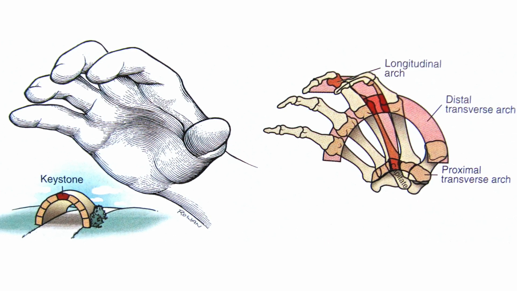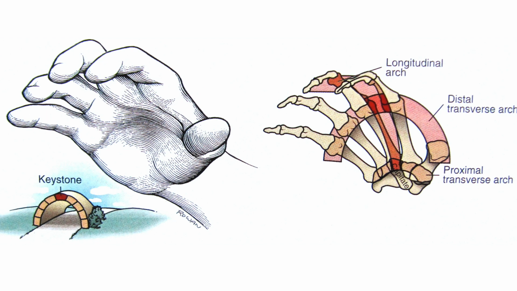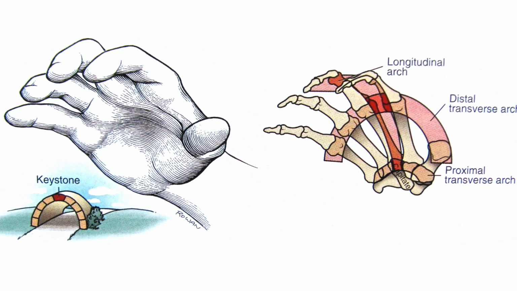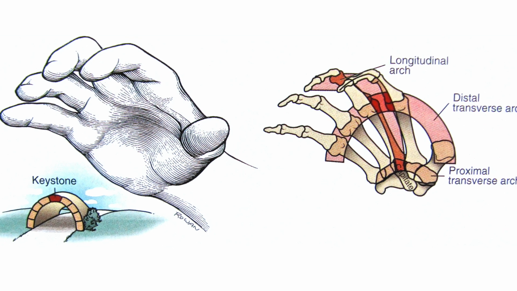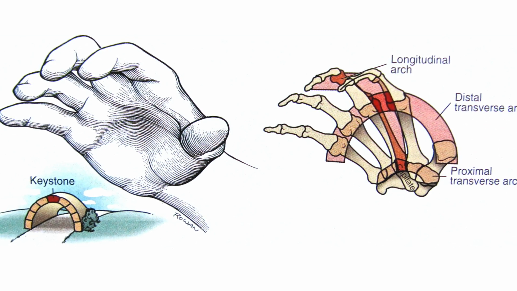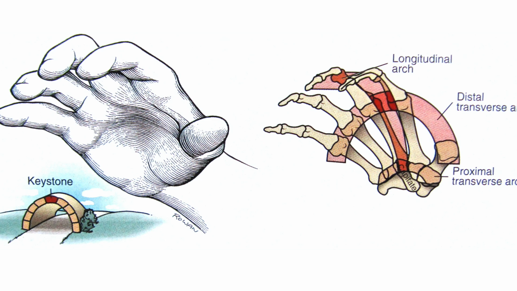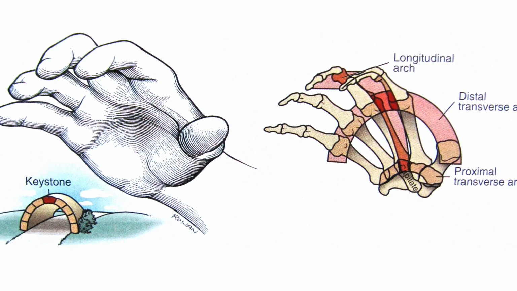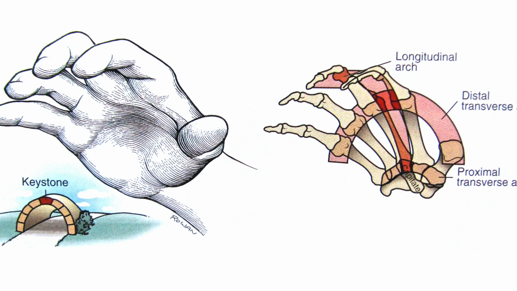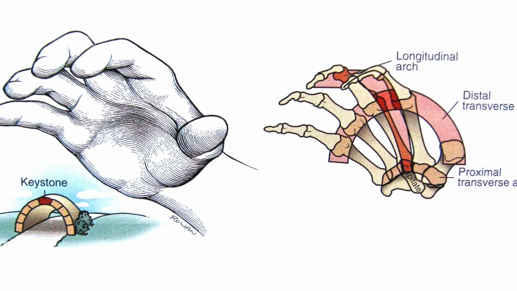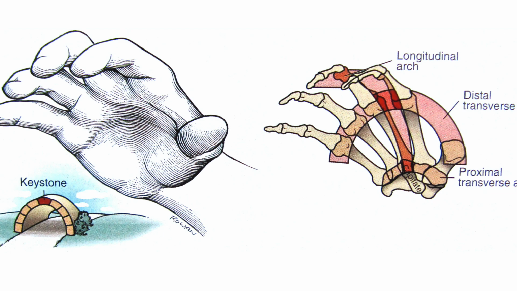You can see the proximal palmar arch, which is seen at the level of the carpal bones and the base of the metacarpals, and then the distal transverse arch at the level of the metacarpals, and of course the longitudinal arch, which is more specifically at the level of the second and third metacarpals, in a longitudinal direction.